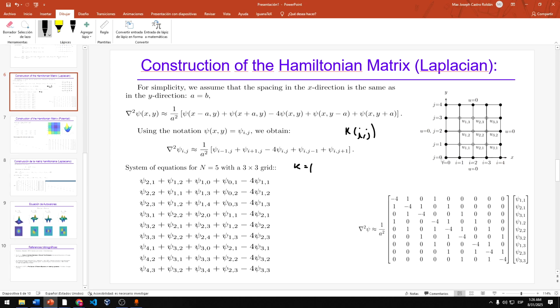Entonces vamos a partir de i igual a 1 y j igual a 1, que va a representar básicamente este nodo.